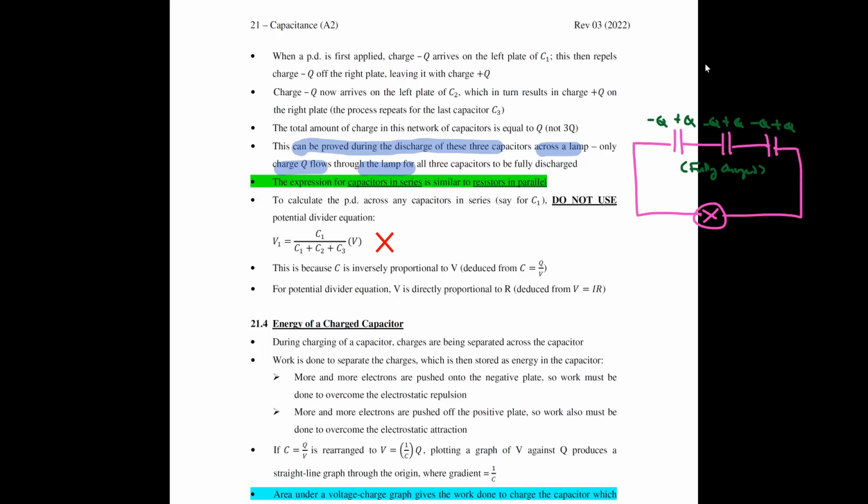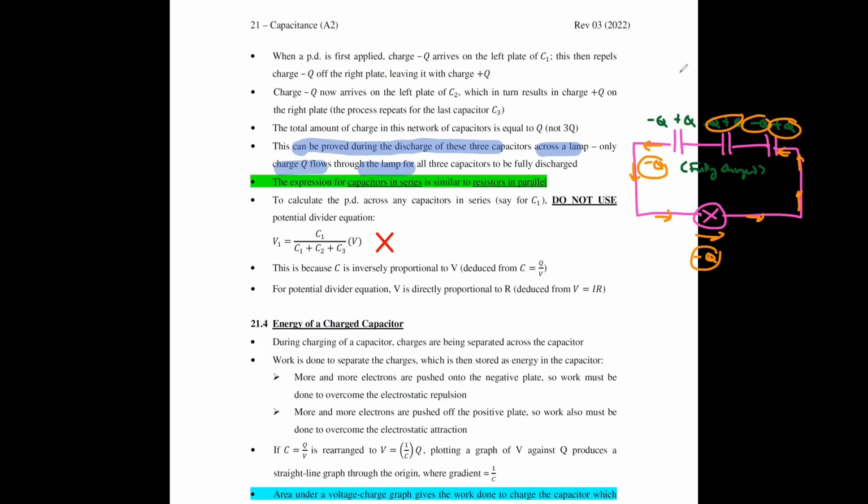So here you try to consider that negative Q comes out from here, and it flows through your lamp. Only a charge of negative Q has actually flowed through your lamp before it goes to the other plate and discharges everything here. Okay, so it's really just Q only.